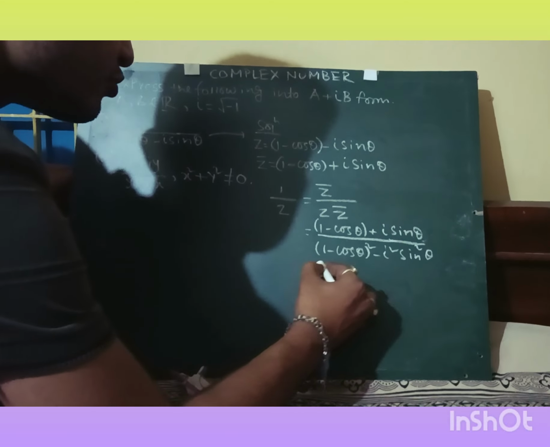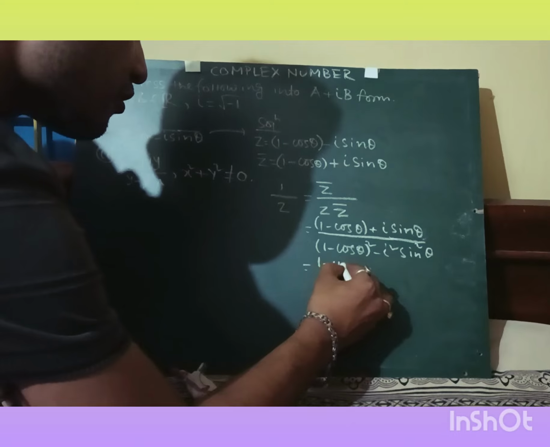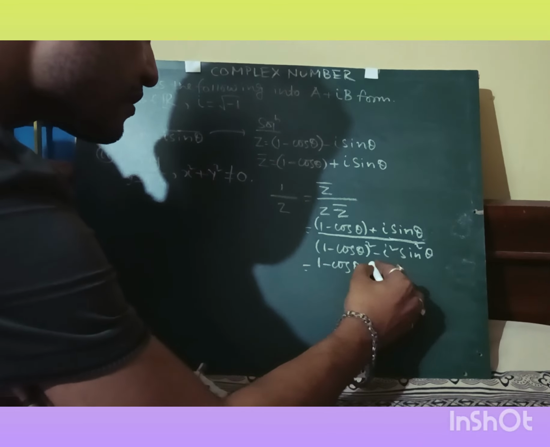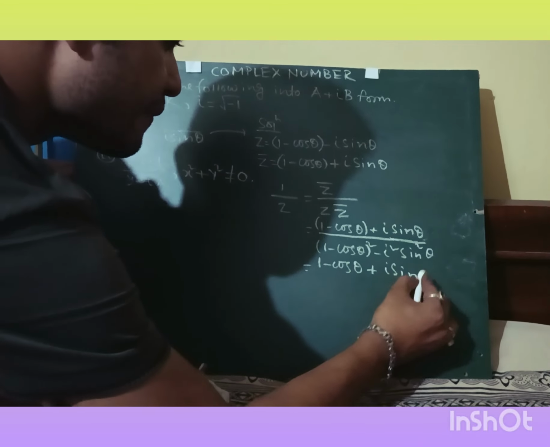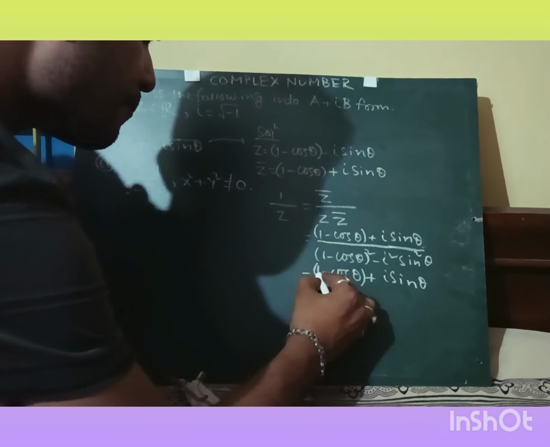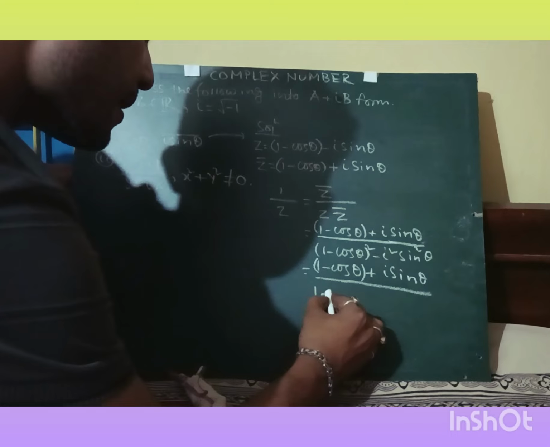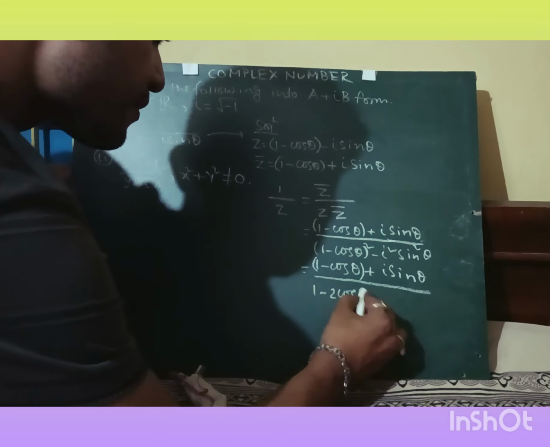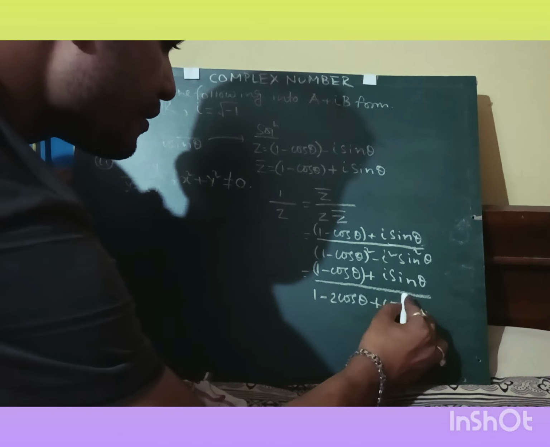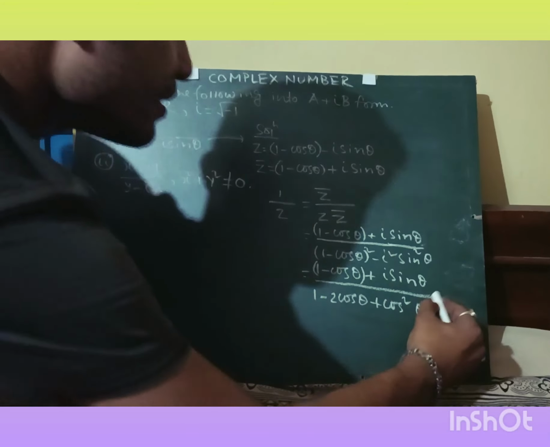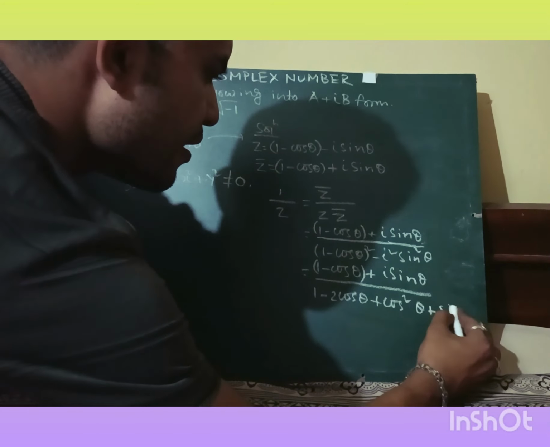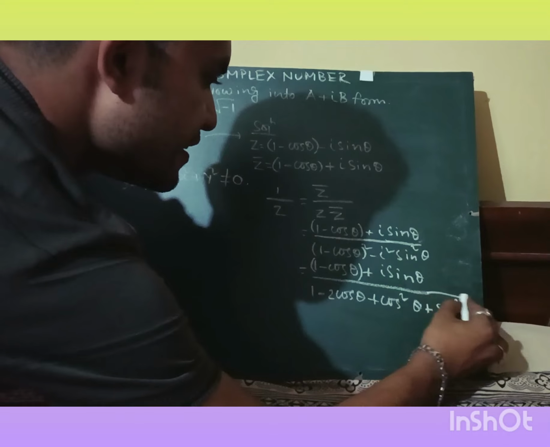Then we calculate it. The numerator is 1 minus cos theta plus i sin theta, by the new denominator part 1 minus 2 cos theta plus cos squared theta, and i squared means minus 1, that means it will be plus sin squared theta.